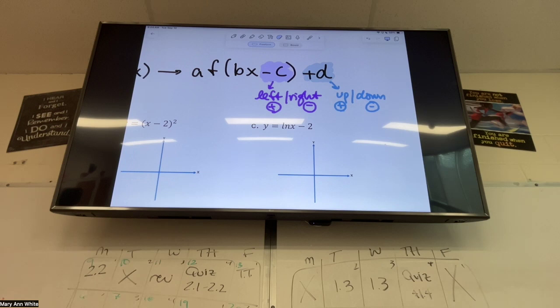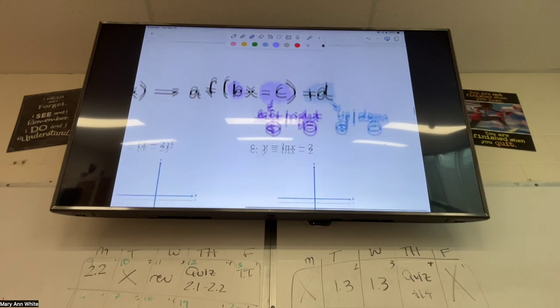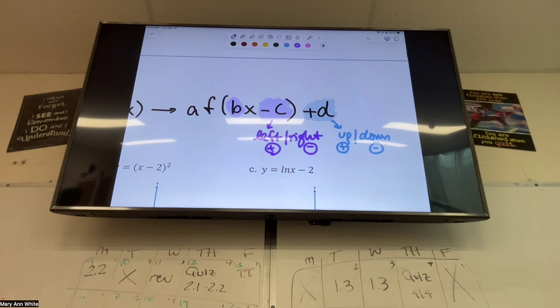I'm going to tell you about the B and the A really quick, but we're not going to do a ton with that right now. B is also inside with my X, which means that it's going to affect the X. Left and right is a horizontal direction, right? If I have a number being multiplied by my x, that's going to shrink or stretch it horizontally. It's going to make it a little bit tighter, or it's going to make it stretched out a little bit longer.